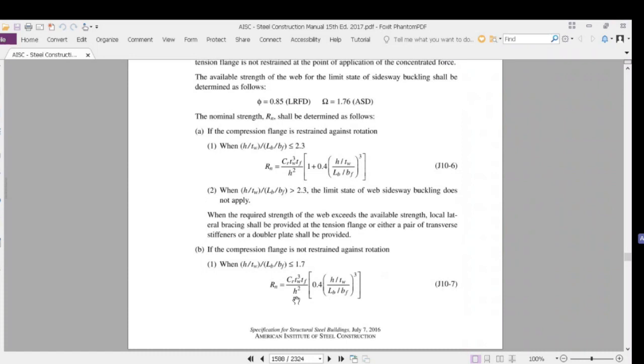According to this expression, the nominal strength Rn is equal to Cr constant times thickness of web cube times thickness of flange by the depth of the web square times big bracket 0.4 times small bracket ratio of web depth by thickness of web divided by the buckling length by width of the flange whole cube and big bracket close.